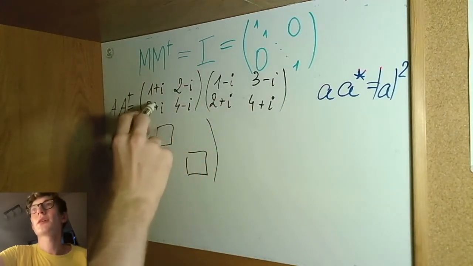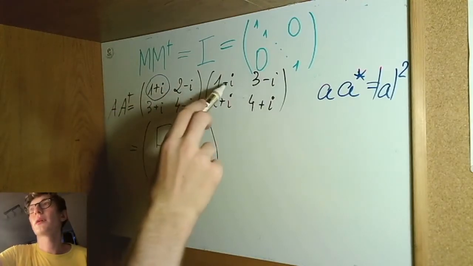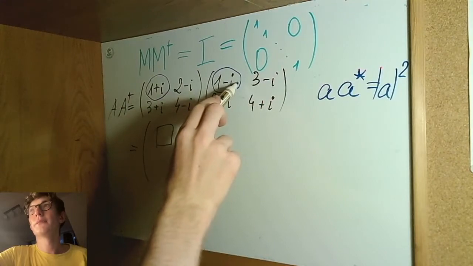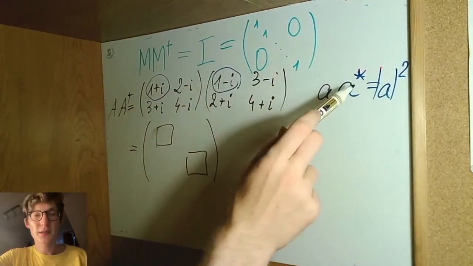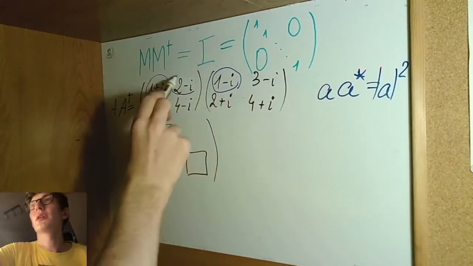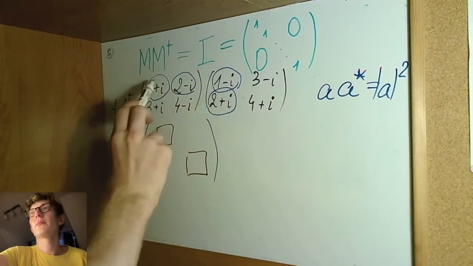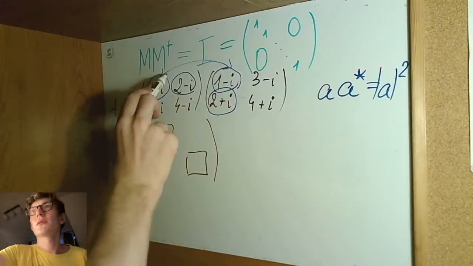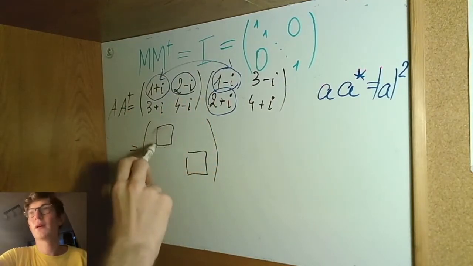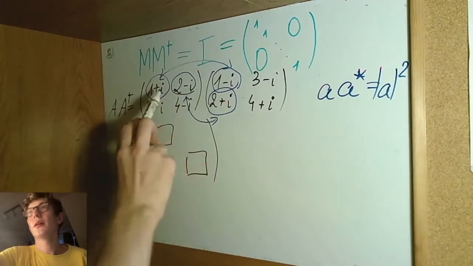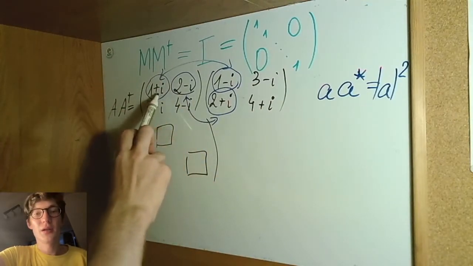Because pay attention, when we have this number, we wrote here its conjugate, right? And similarly here and here. So if we multiply them, to get this number that is here, we get the absolute values squared of these numbers.